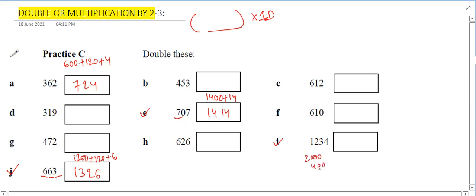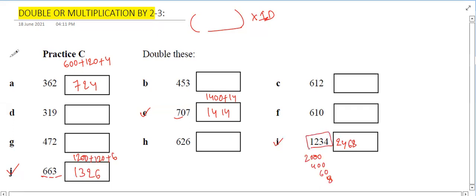And 30 plus 30 is 60. 4 plus 4 is 8. And the answer is 2468.